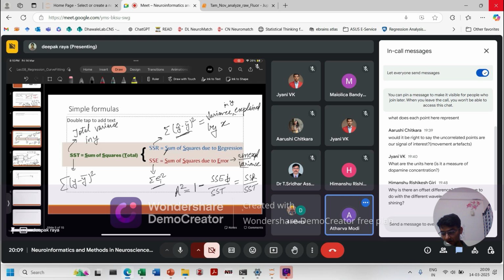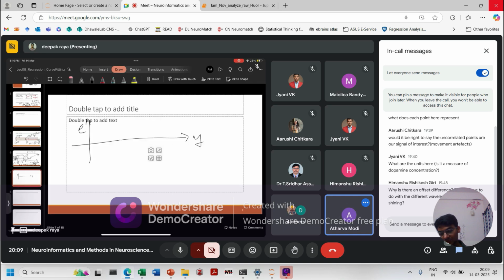Okay. So let's say your spread of error terms, instead of being like this, goes something like this, like it expands as y increases. So what does that mean about the data? How was the data looking?